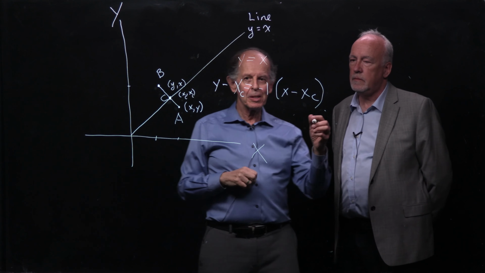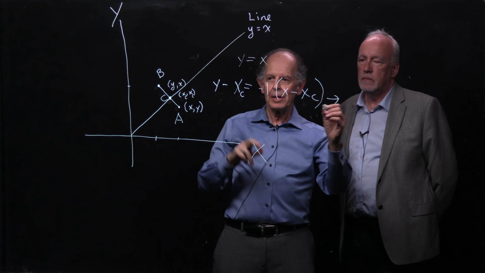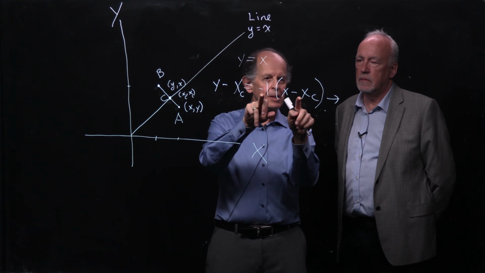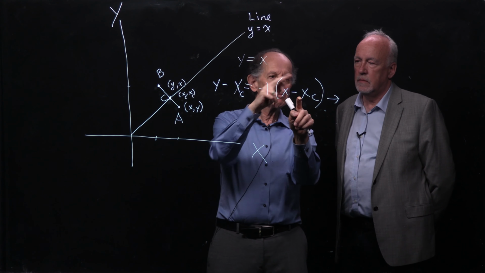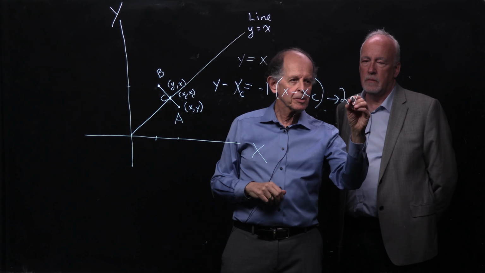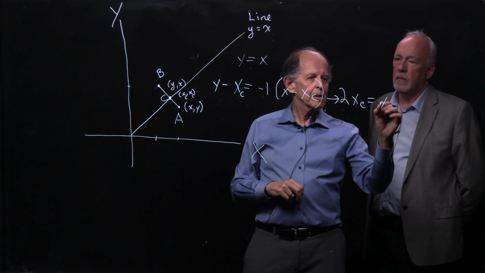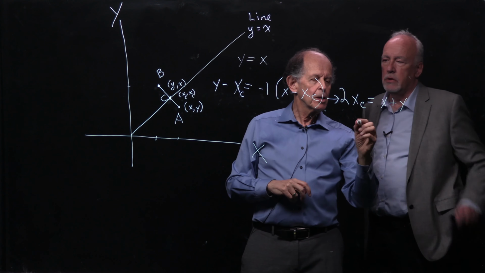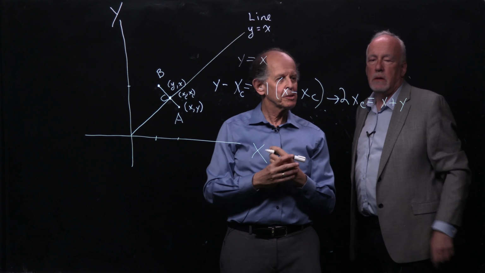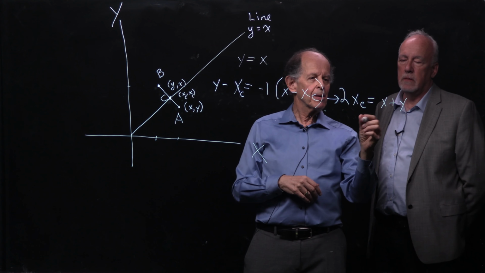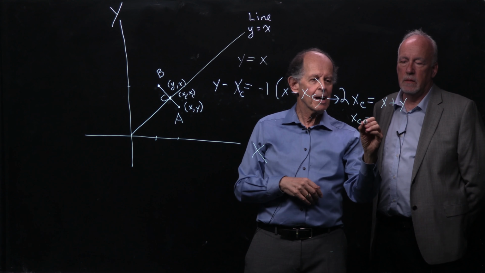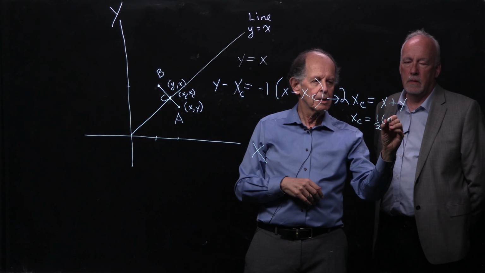Well, this minus xc, and we got another plus xc. When we move it over, we get 2xc is equal to x plus y, because your x went over to the other side. So now xc is just the average.